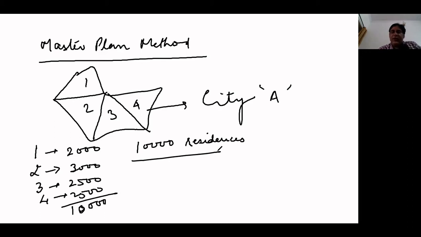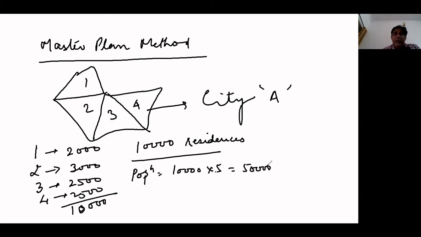Say each residence has 5 occupants, 5 inhabitants. So the population would be 50,000, right? This is the way to estimate the population by this method.